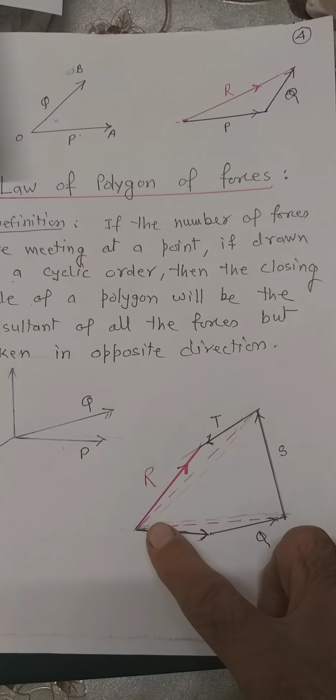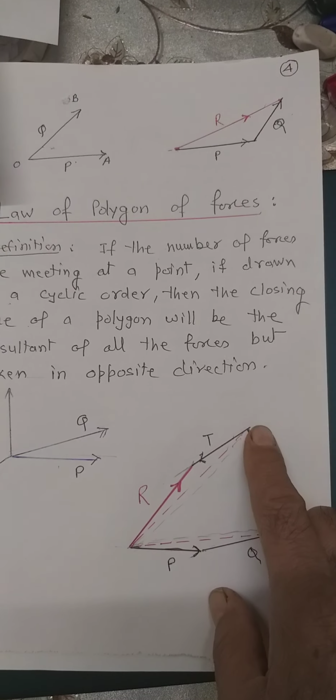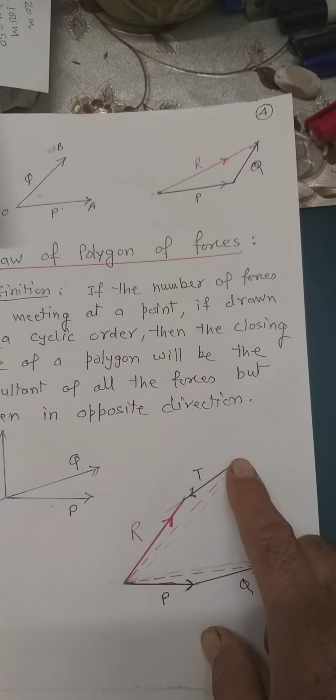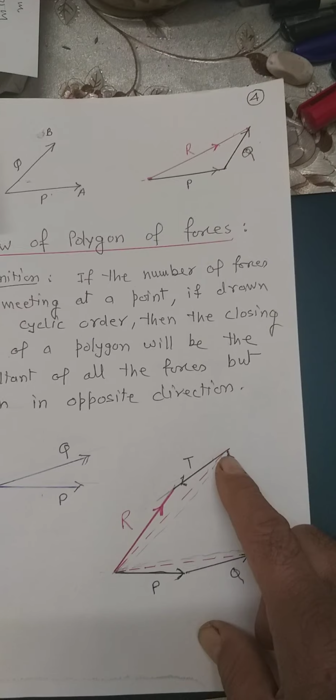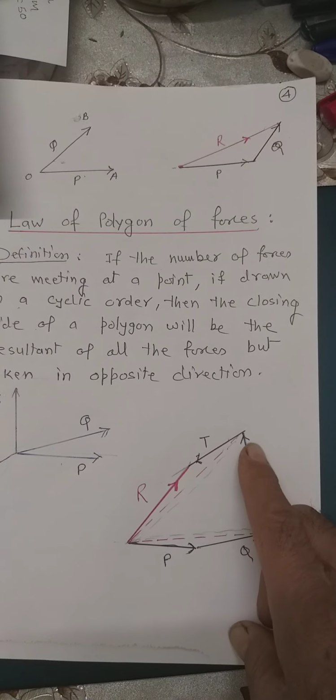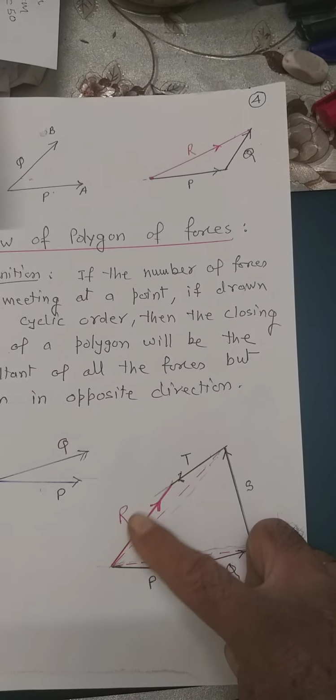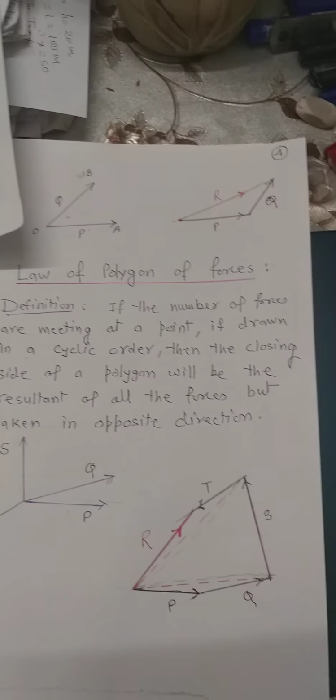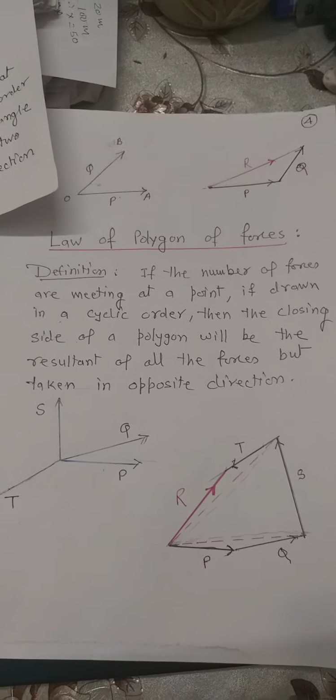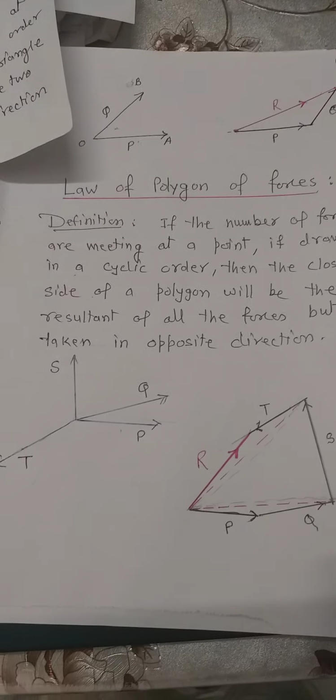Now, when I consider this force, again when this is the resultant, then this and this again will give the resultant over here. So we are following the law of triangle of forces, but for multiple forces. And that's why we call it the law of polygon of forces.